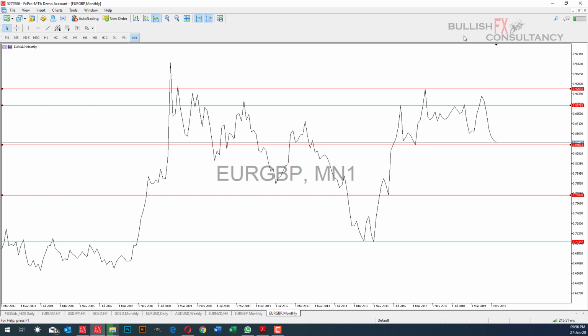Once we have done that, take note of the price zone that you are working with. What do I mean by this? I mean these price levels here.